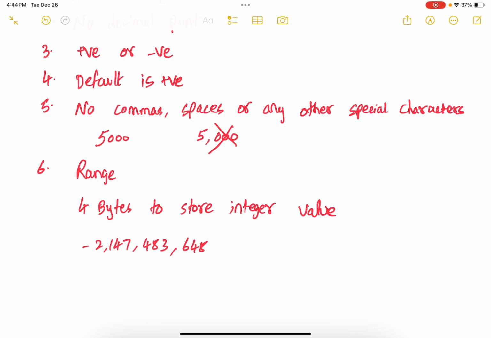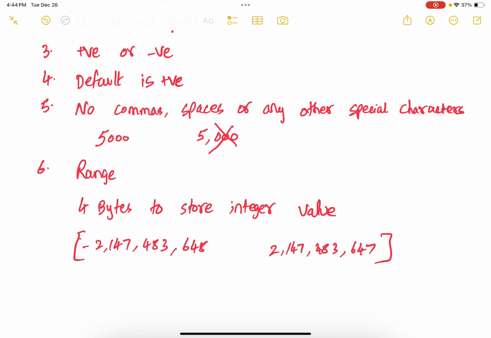Of course, you have to remove the commas, that is just for explanation, and the largest value that you can put in your computer is 2147,483,647. So, that's the range.